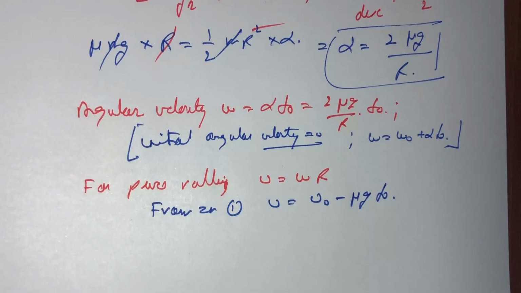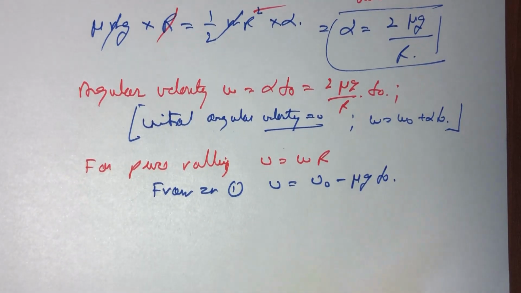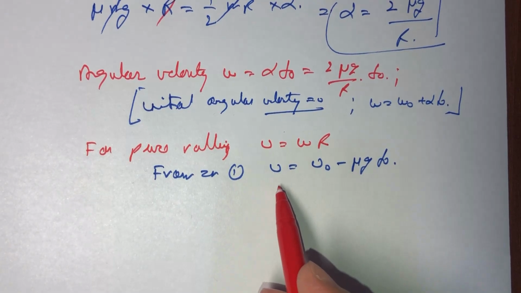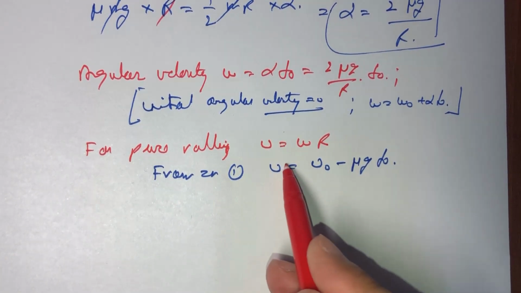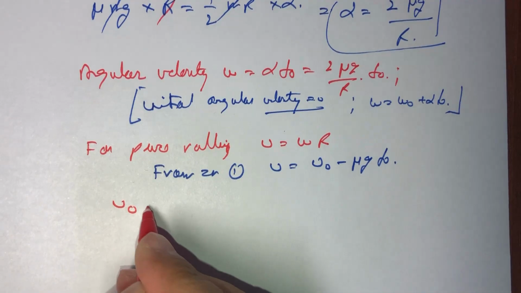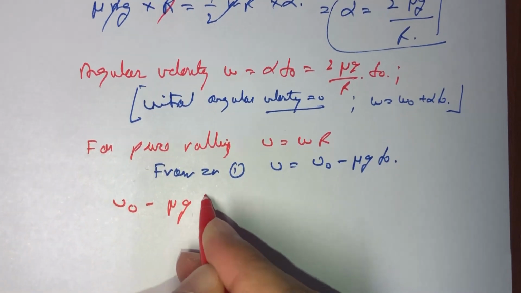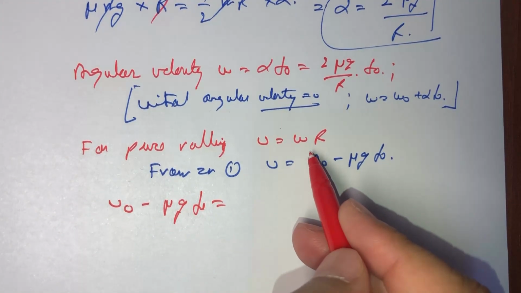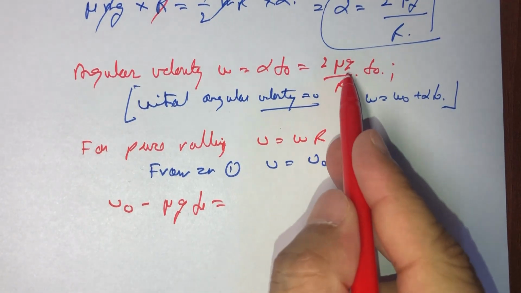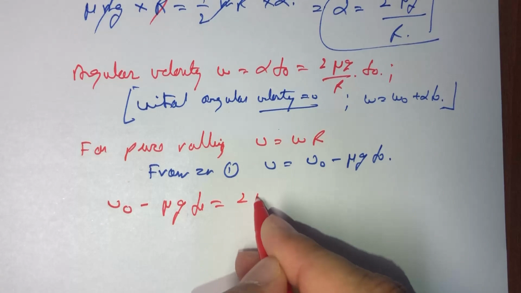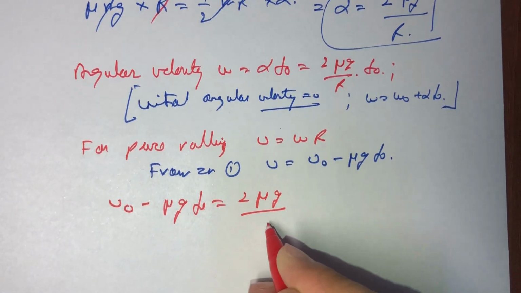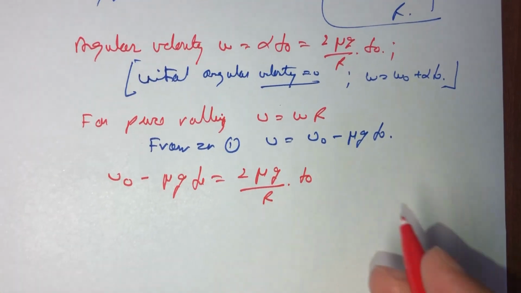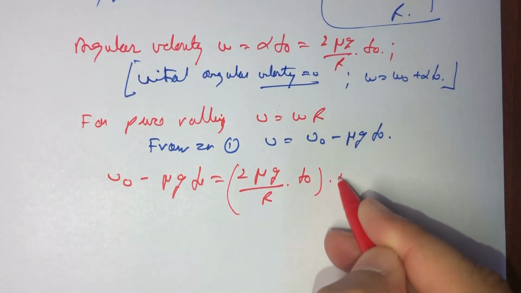Now substituting the value, in this equation we get v naught minus mu g t naught, and also substituting the value of omega, omega is 2 mu g upon r multiplied by t naught and whole term divided by r.